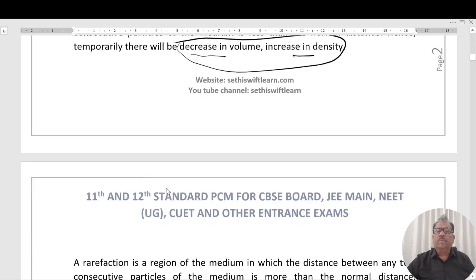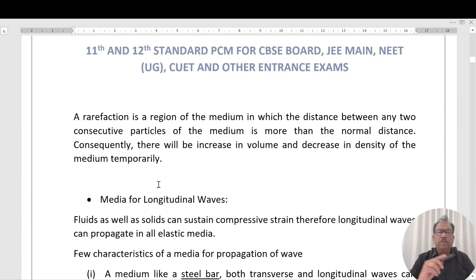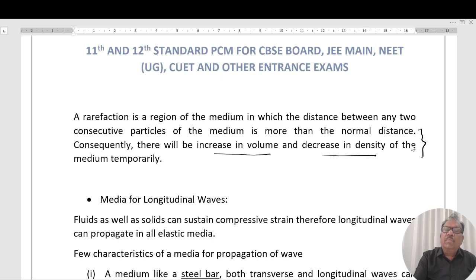Similarly, rarefaction is a region of the medium in which the distance between any two consecutive particles is more than the normal distance. Consequently, there will be an increase in volume and a decrease in density of the medium. Means at compression there is a decrease in volume and increase in density, and at rarefaction an increase in volume and decrease in density.